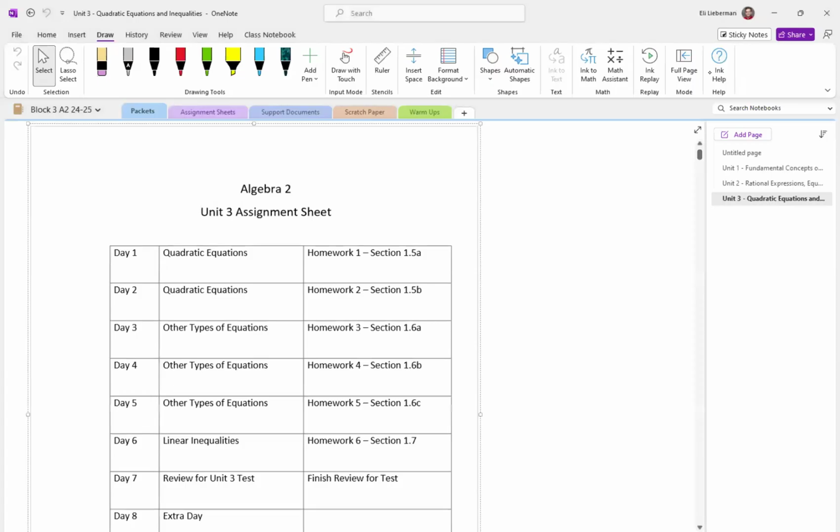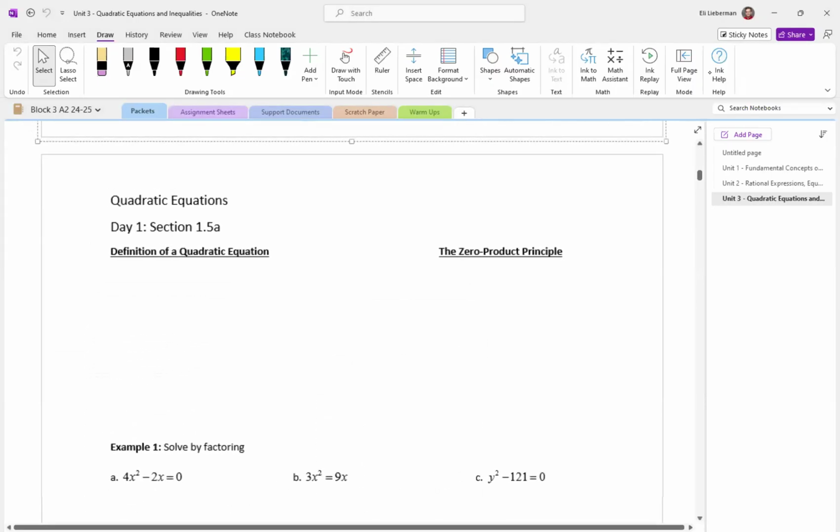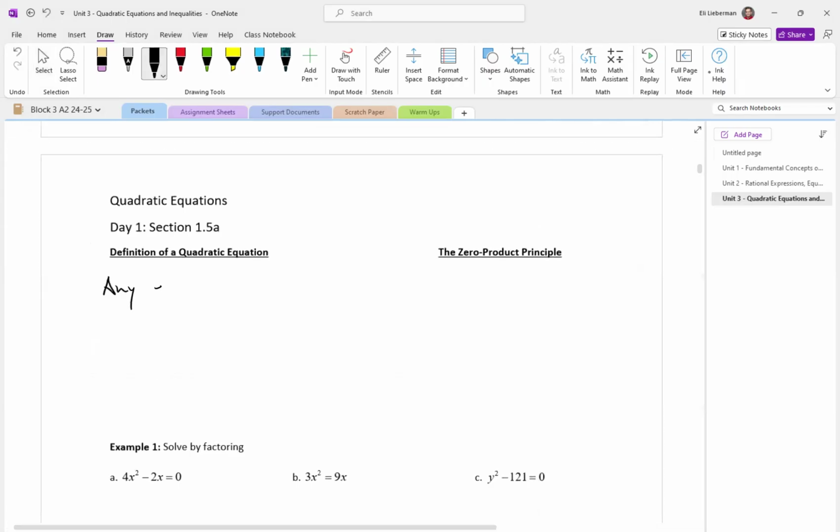Okay, so we're talking about quadratic equations today, which means we have an equation that could be written in the form ax squared plus bx plus c equals 0.